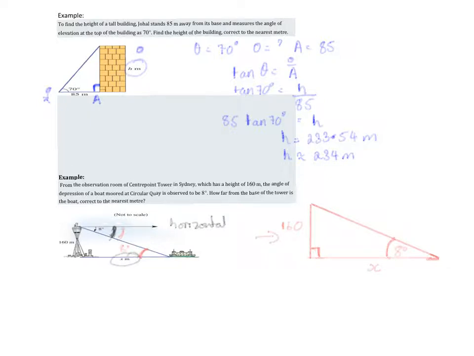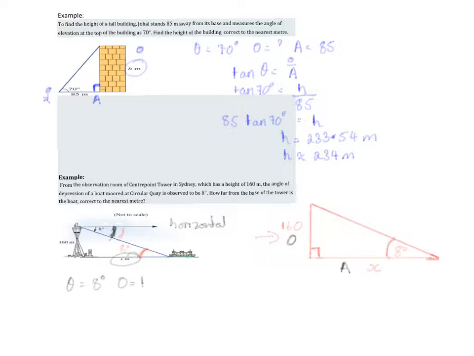Let's label our triangle. So we have the angle, we have the side opposite the angle, so that must be our opposite. We have the side between the angle and the right angle, or at least that's what we're looking for. So theta is equal to 8 degrees.